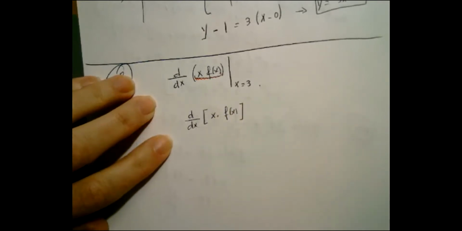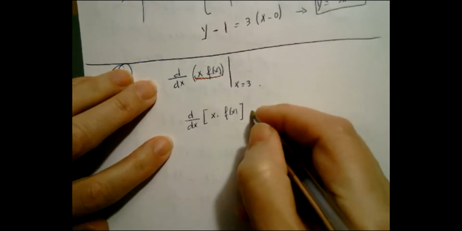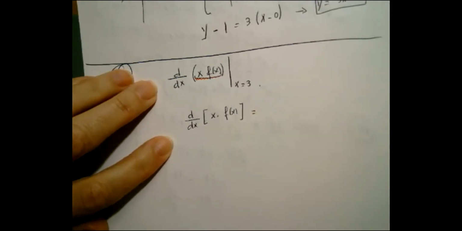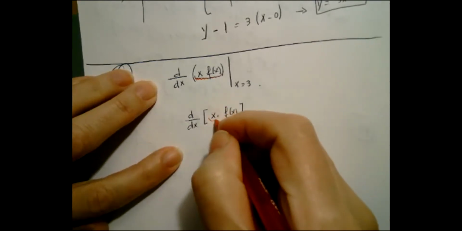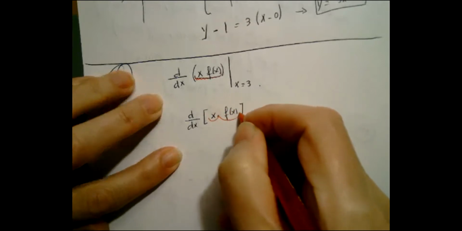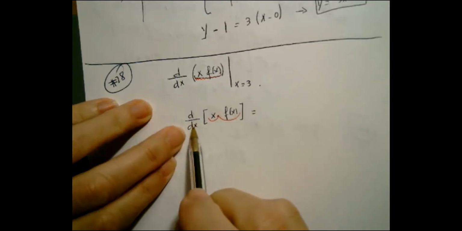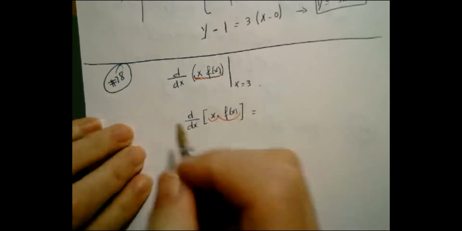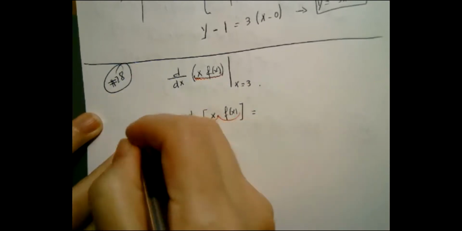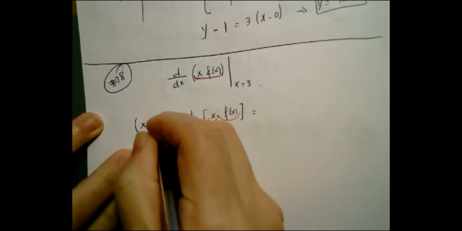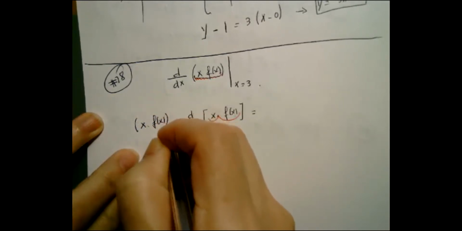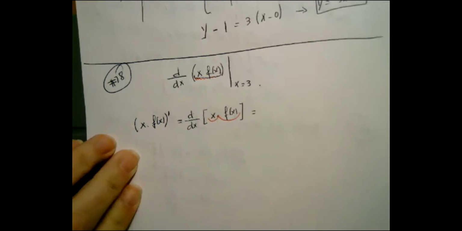First we find it for any value of x. So this is equal to 1. That's the product, one function times the other, so I'm going to use the product rule. Remember, that's nothing more than a notation for the derivative. Another way I could have written this is the derivative of x f of x.